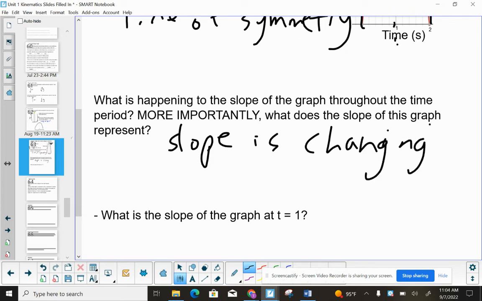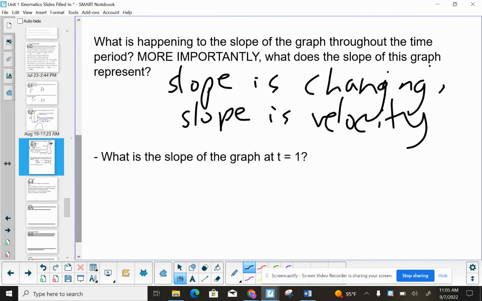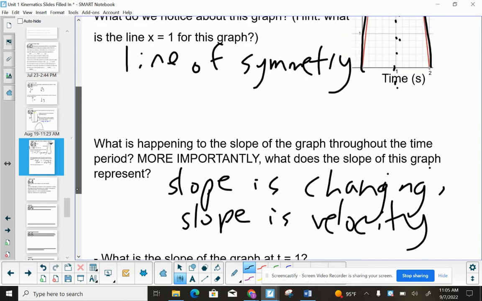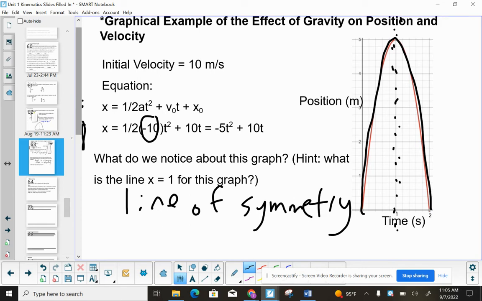And because this is a position versus time graph, what does my slope represent? Velocity. Slope is velocity. So I have a changing velocity, right? That proves to us that we have acceleration because our slope is not constant here.